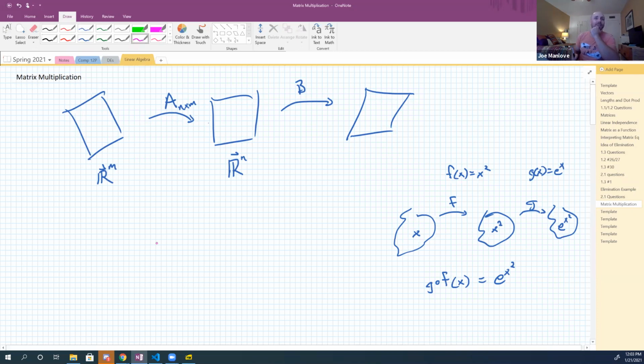If I analyze this symbol, I have kind of the function name up here, and then these two, I have my n by m. Which one is this?